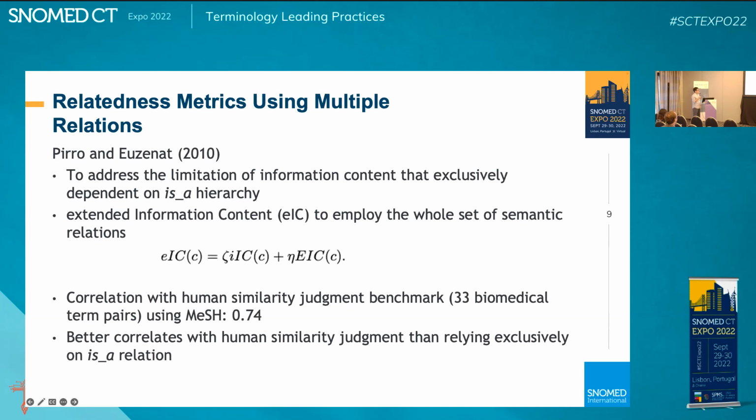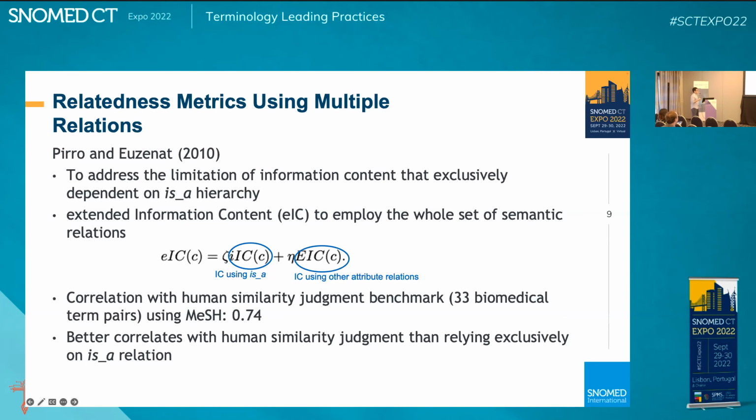And here I'm using a proposal of relating these measures using multiple relations to address the limitation of information content that is exclusively dependent on IS-A relations. So they introduced a new metric called extended information content to employ the whole set of semantic relations. The IC term here is the information content derived from the IS-A hierarchy, and the EIC term here is the information content derived from other attributes.